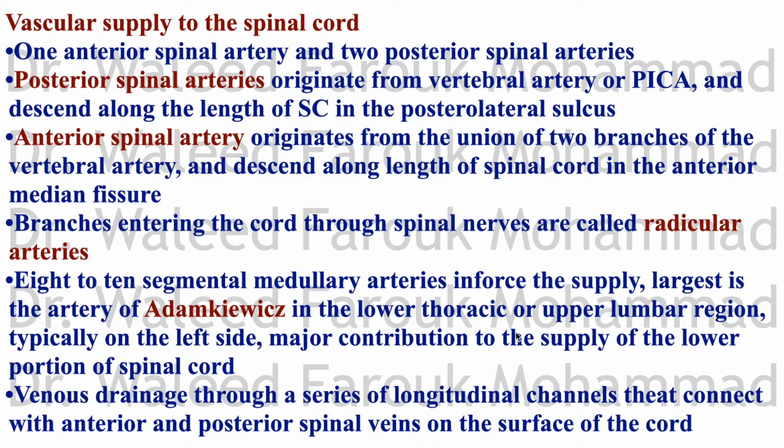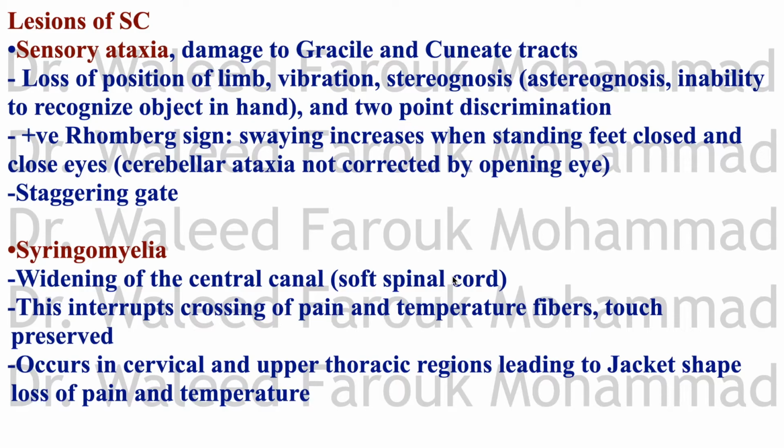The venous drainage of the spinal cord is through a series of longitudinal, interconnecting channels that connect with anterior and posterior spinal veins on the surface of the cord. Okay, and from there they connect to the internal and external vertebral venous plexuses and through the foramen magnum as well. That was the supply of the spinal cord.